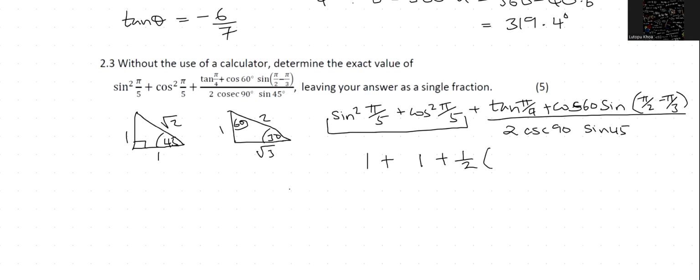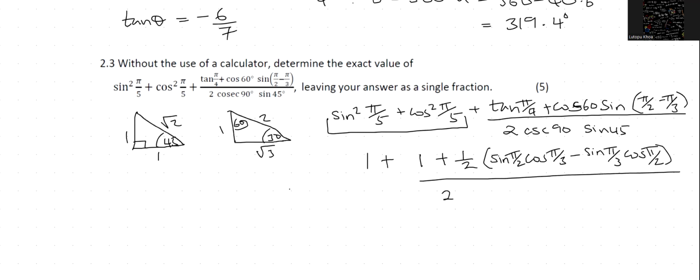This is sine pi over 2, which is 90, times cos pi over 3 minus sine of pi over 3 times cos of pi over 2. And then in the denominator, we have 2 cosec of 90, that is 1 over sine of 90, and sine of 45 from our triangle is 1 over the square root of 2.